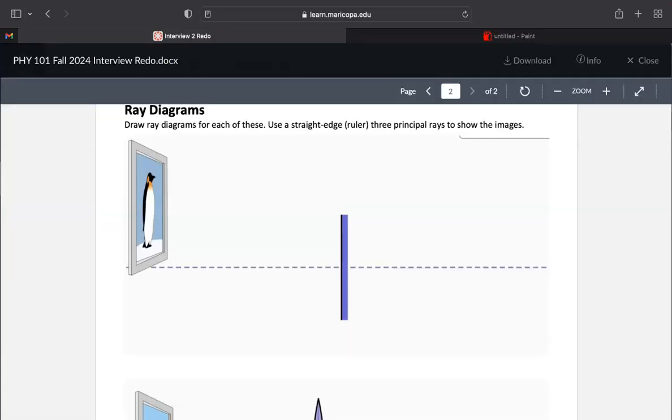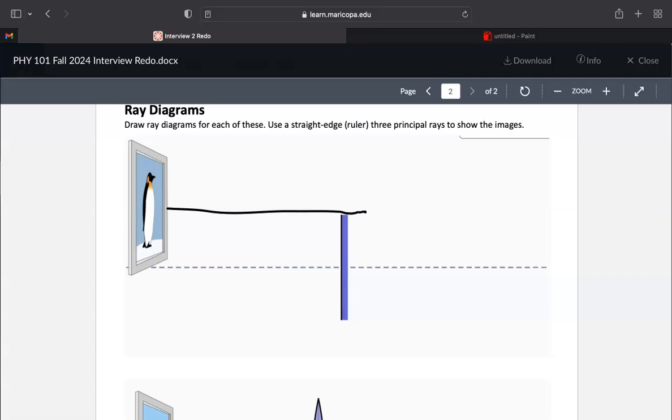So this one confused me a little bit, because if this is the object and this is the mirror, but the mirror doesn't go all the way up like this, then we're only going to be able to visualize this much of the object. So if we were drawing a straight line from the center of the object to here, then that would be that.